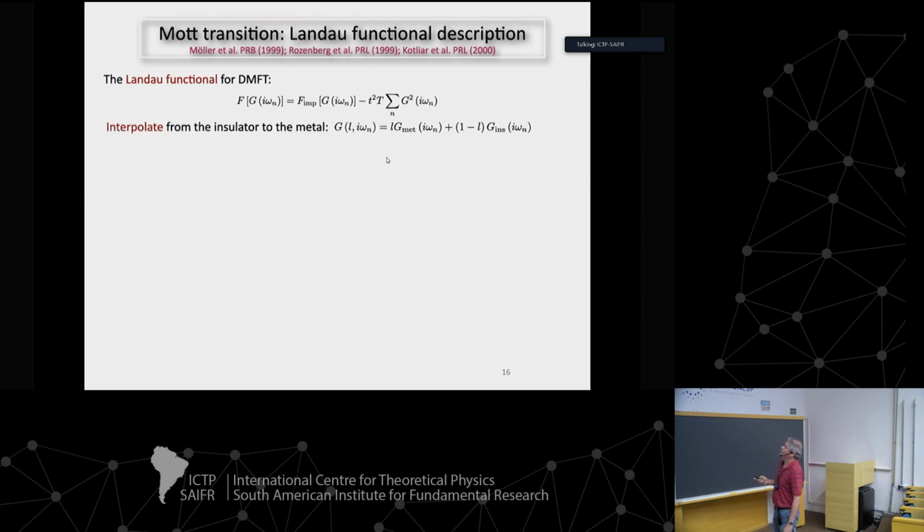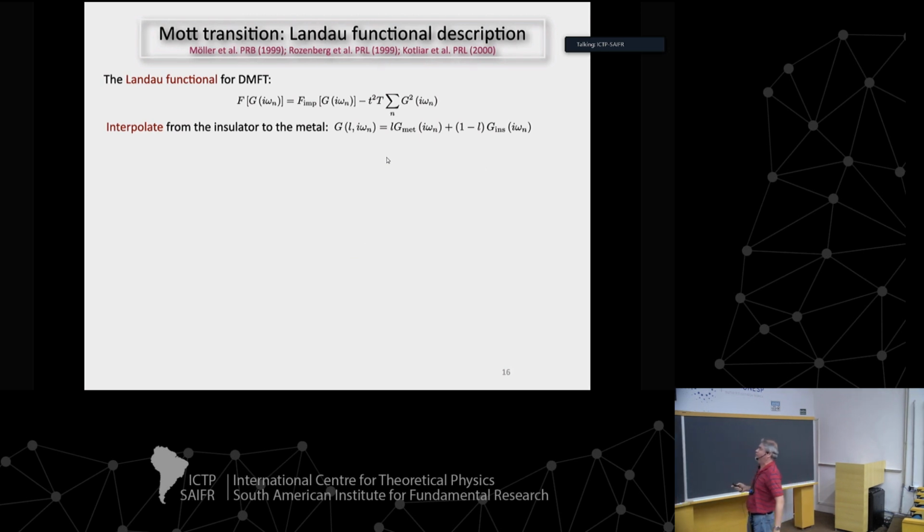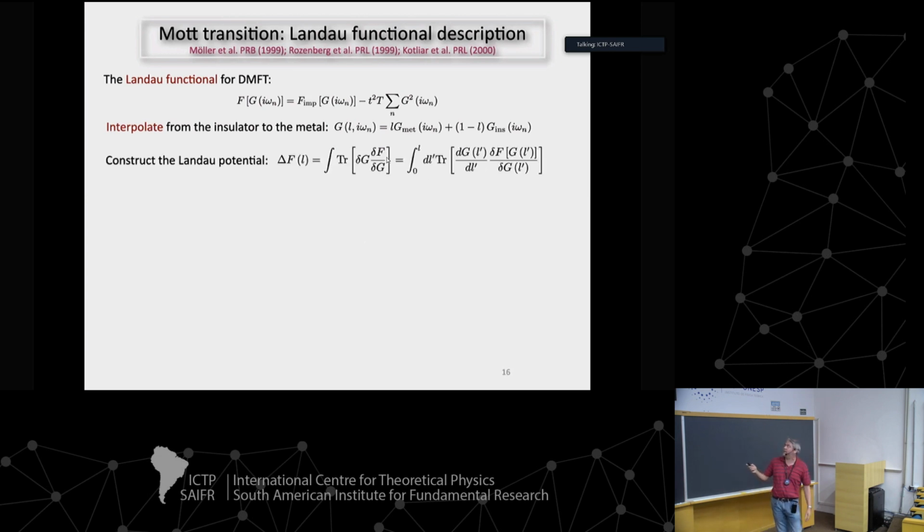And if you want to find the solution at the maximum of the functional, that's very hard because, numerically, usually you're driven to the minima of the functional if you don't do anything. So what can be done is the following. First of all, you can find an approximate solution to the problem by smoothly interpolating between the stable solutions on the metallic side and insulating side like this.